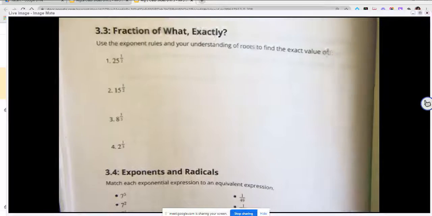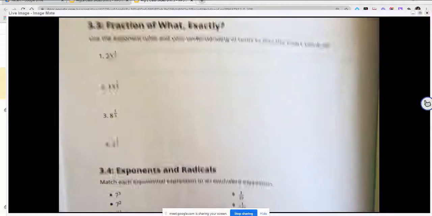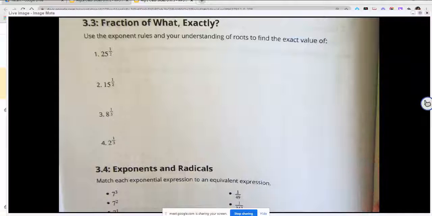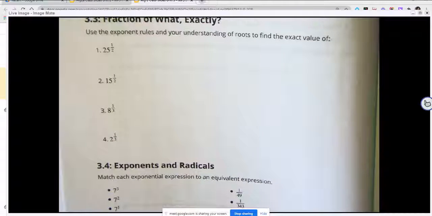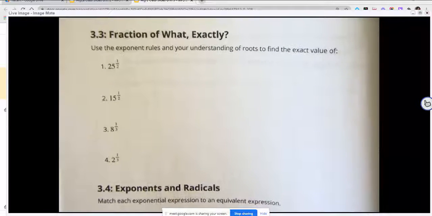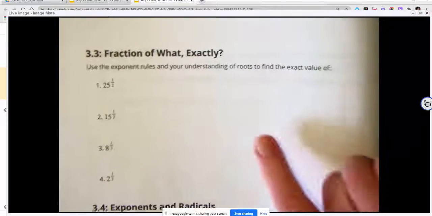We'll just go right to 3.3 and 3.4, matching these things up. We can take any type of fractional exponent, use all of our rules and work them together so we can take a fraction and convert it.